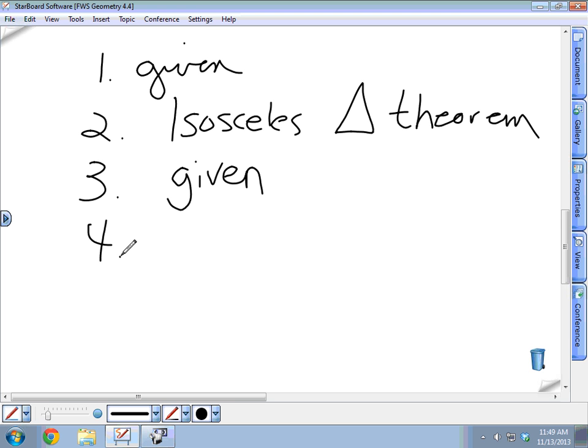So you substitute, and you get the measure of angle 2 is equal to the measure of angle 1. Okay, substitution. AD is congruent to AE.